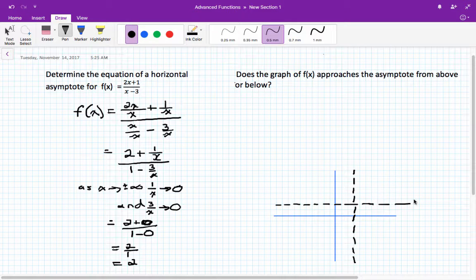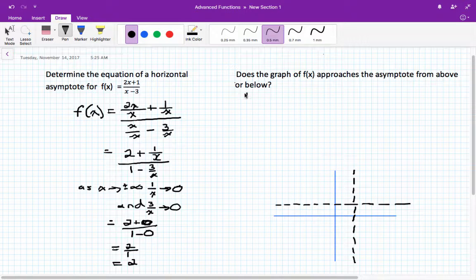If it's approaching from above, that value would be a positive number because you're taking a bigger number and you're subtracting from it a smaller number. If it approaches from below, you're taking the function value, which is less than this value, and you're going to get a negative. So I'm going to write this out here.